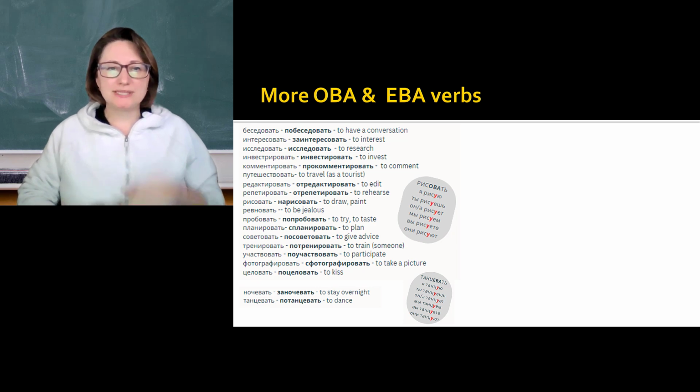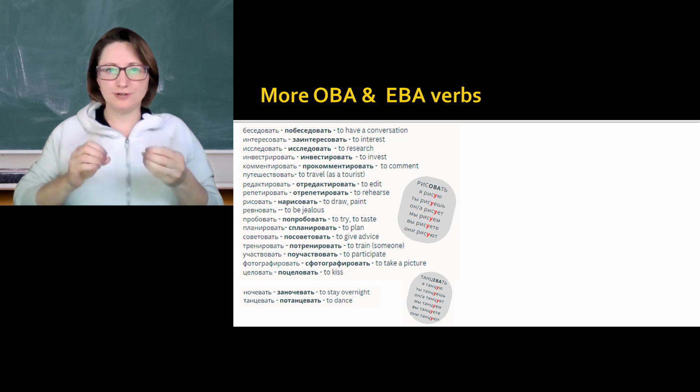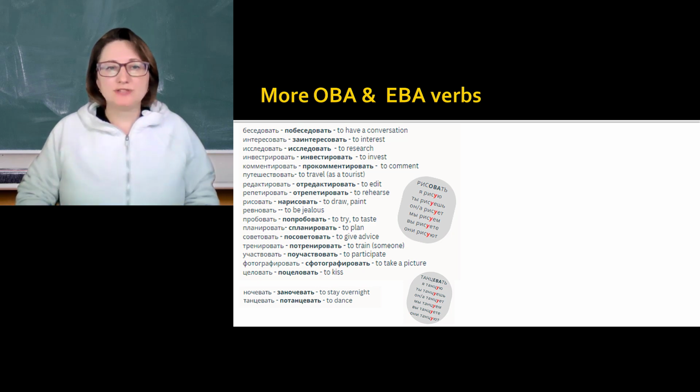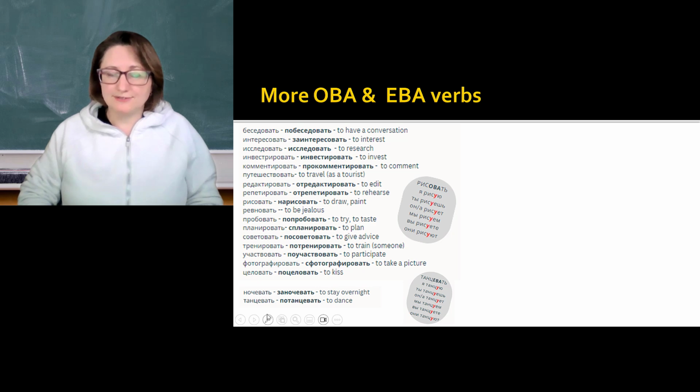Now, you notice that on my worksheet here, I use two different types of font for the verbs. And actually, for every English verb, I am using two versions of the Russian verbs. For example, to say to have a conversation, I have беседовать and побеседовать.